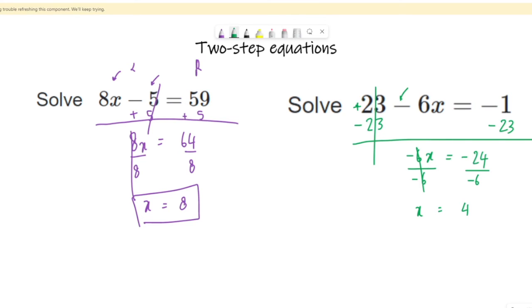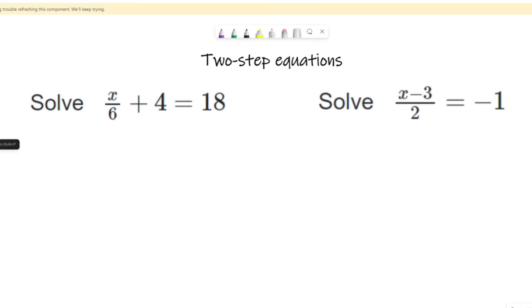Let's move on to some more examples. Here we see x divided by 6 plus 4 equals 18. First we will take this positive 4 away. The opposite of plus 4 is minus 4.